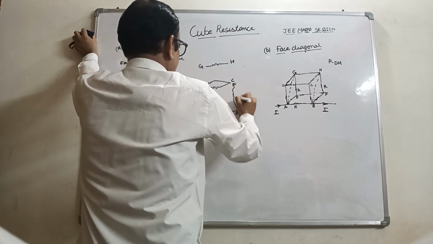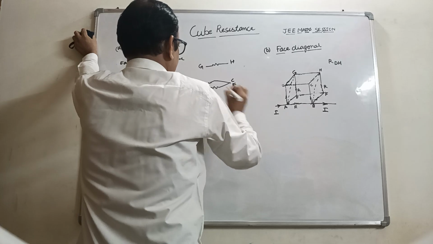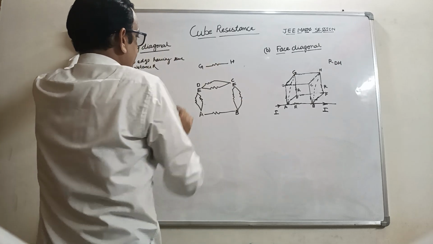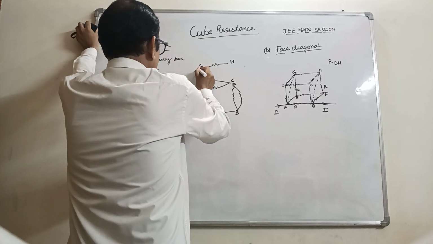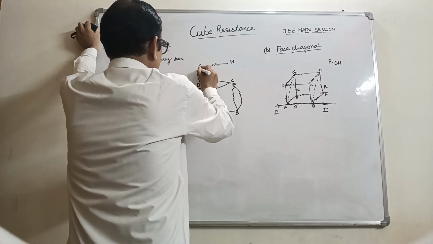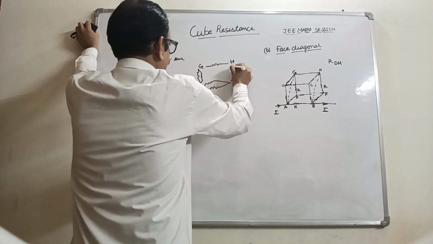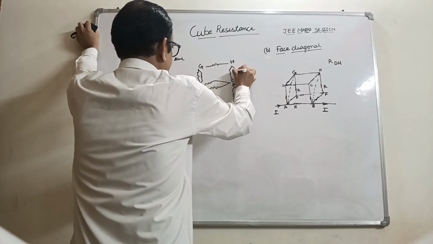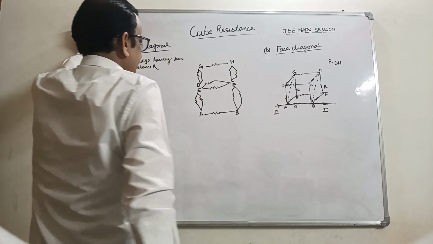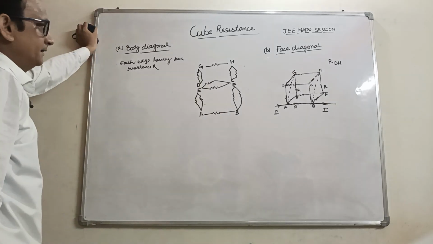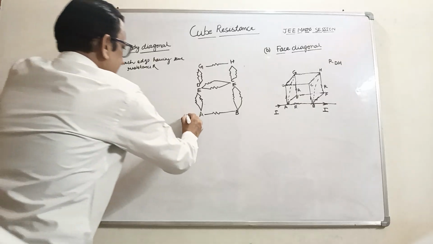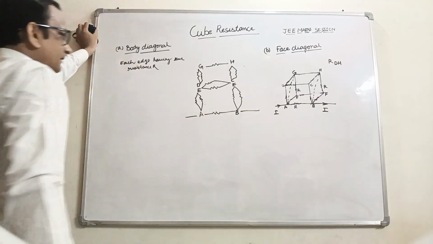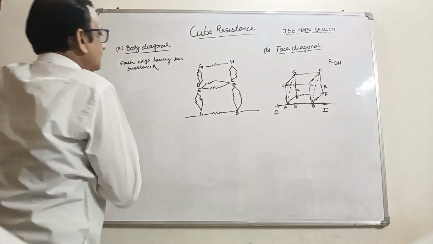G is connected with D as well as E. This is the circuit, and we have to dissolve it to get the equivalent resistance across AB.